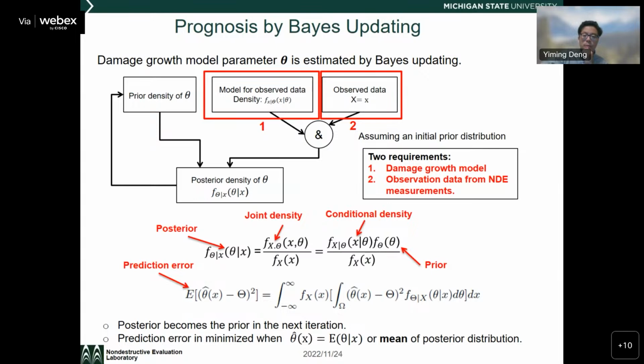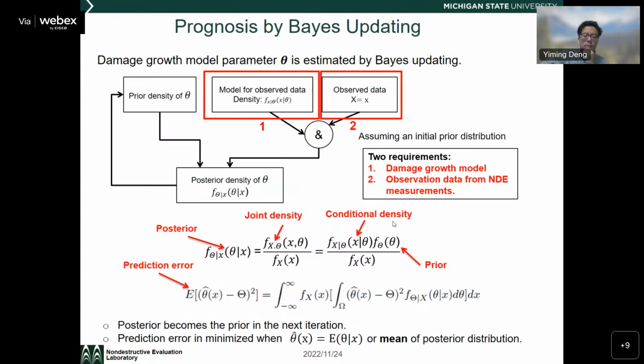So this posterior probability will be used as the prior probability on the right-hand side of the equation in the next updating step. So everything becomes recursive, and you will update the posterior probability when you have new data coming in at each step.